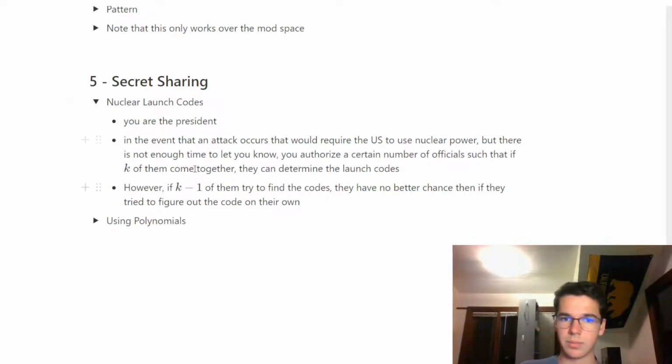Okay? But something that we're going to notice is that if even one less than k of those officials try to come together to determine what the launch codes are, they won't be able to do it, and they will not have any easier of a time in figuring it out than they would if they were to try to figure it out on their own.